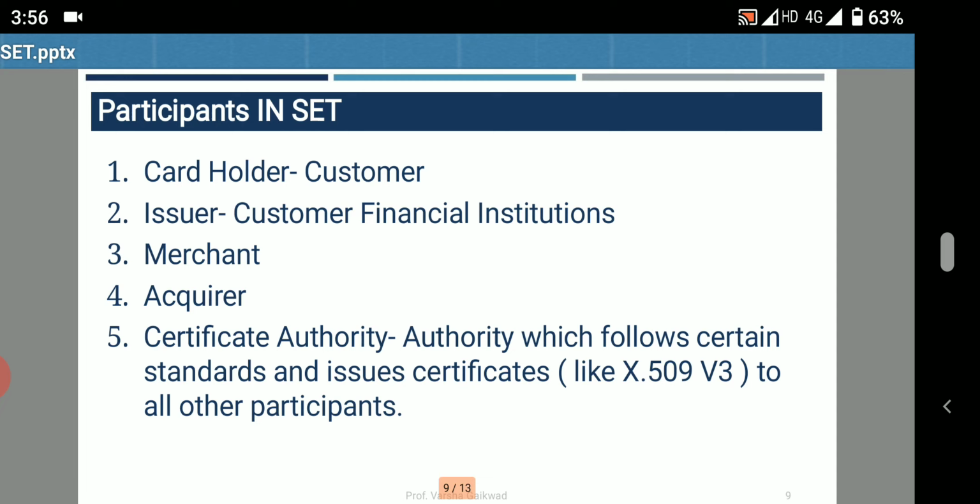Then the certificate authority, an authority which follows certain standards and issues certificates like X.509v3 to all other participants. What is this X.509v3? It's a digital certificate which is used to verify the websites for transaction purposes. Okay, it's a digital certificate that is used to verify websites for the transactions.